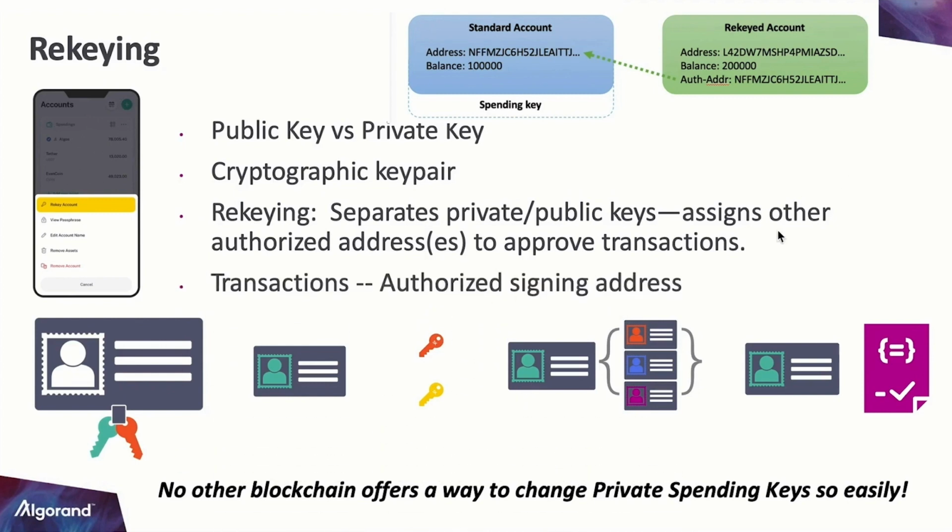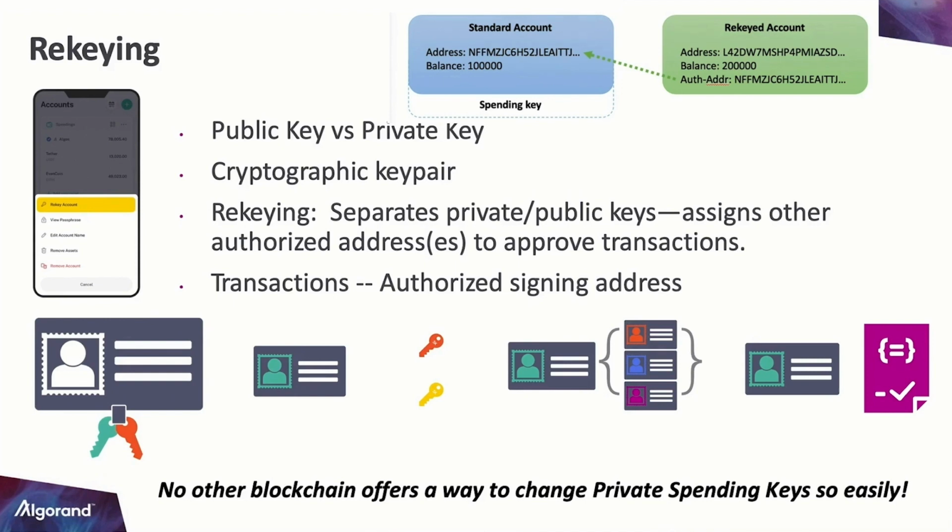Now this is useful because sometimes you're growing, and first in your organization you start out with a single signature, a single account. Now maybe you get a board of directors and you want to expand that to a multi-signature account. Until this feature came out, which is fairly recent, a few months ago, that was difficult to do.